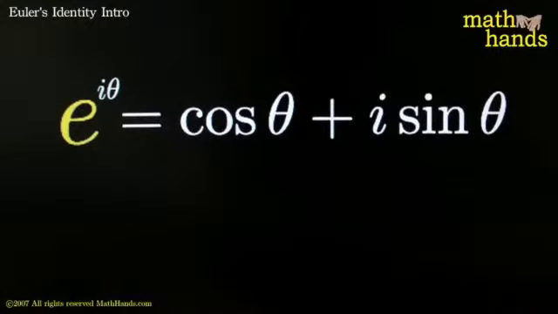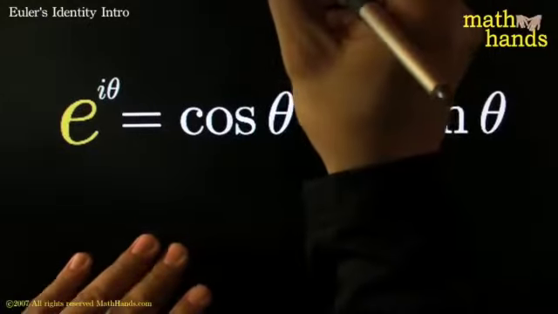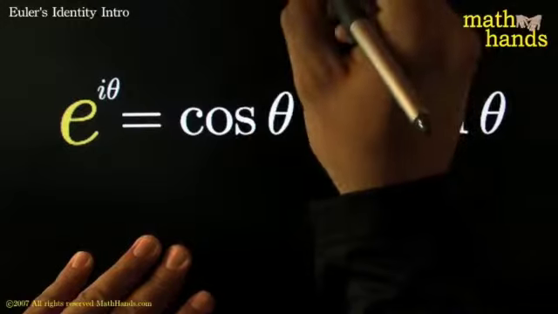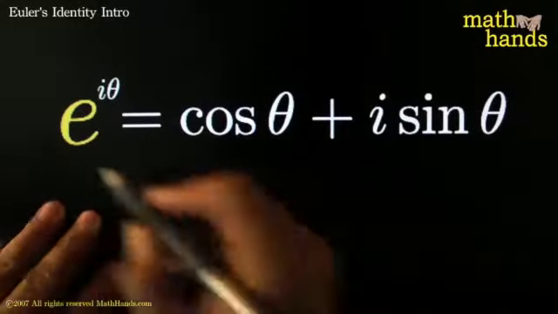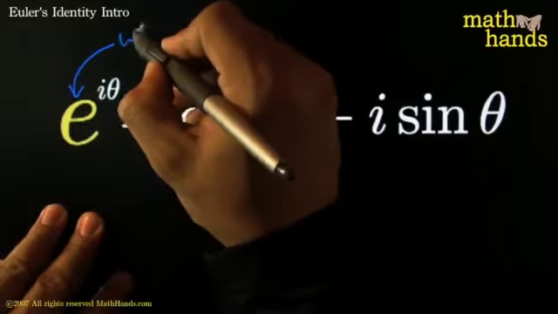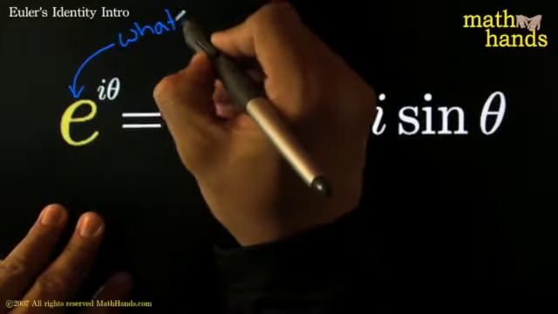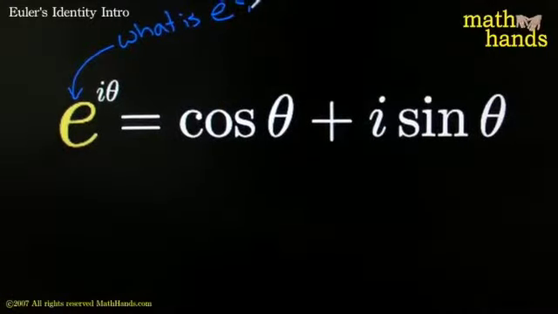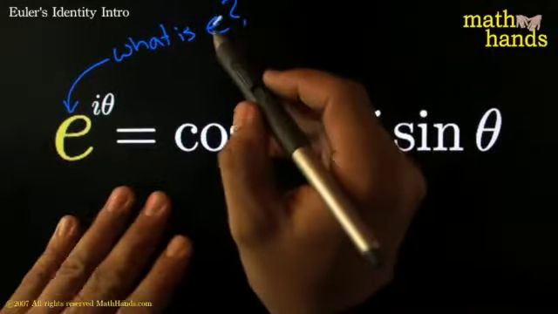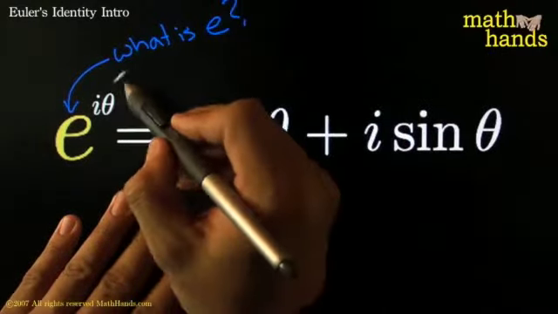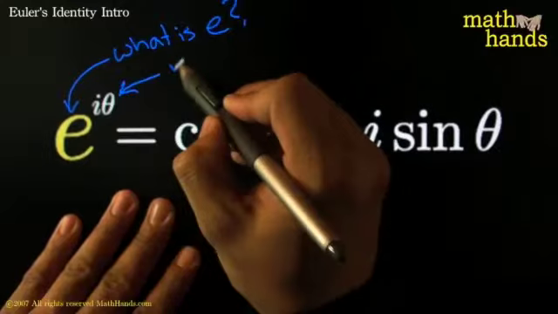Just putting this equation up here should tell you that there are so many things to explain here. If you're new to this stuff, let me run down some of the things that are probably the right things to explain. First question that comes up is, what in the world is E? Where did that come from?